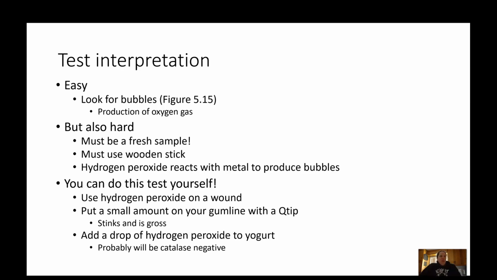You could also, if you wanted to, and I'm not necessarily recommending this, put a small amount on your gum line. What I recommend you do is take a Q-tip, dunk it in hydrogen peroxide and then put it on your gum line. You're going to have lots and lots of bacteria there and you'll see the bubbles develop. Now this is super gross. It'll stink. So I don't necessarily recommend it, but if you want to try it, you can.